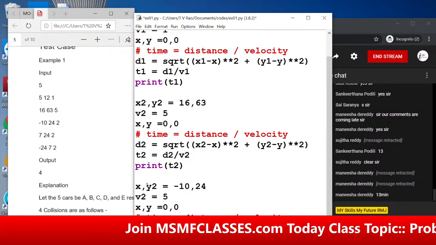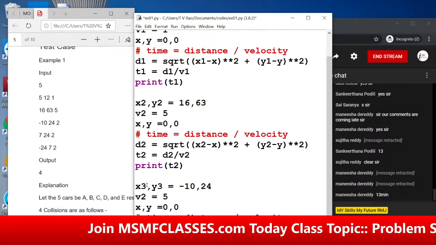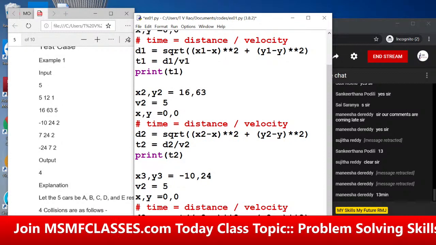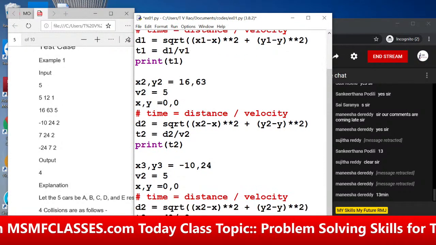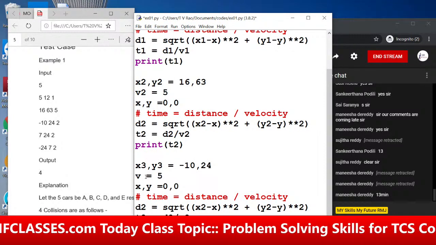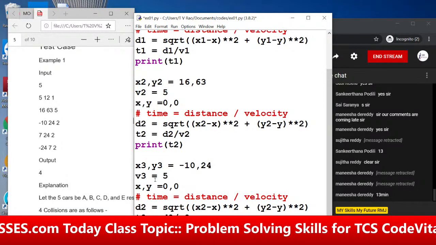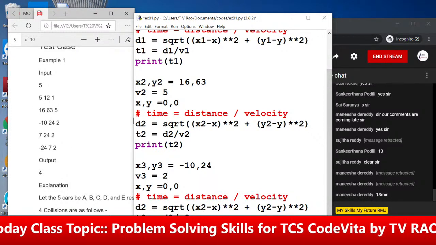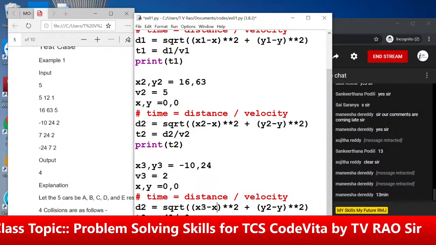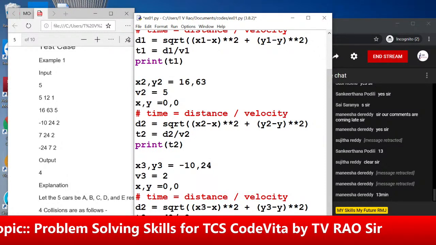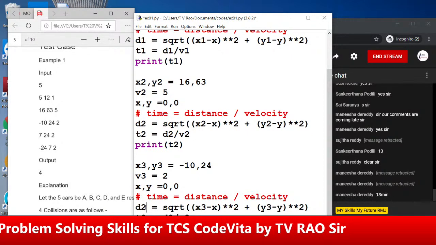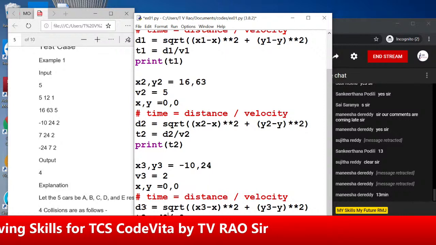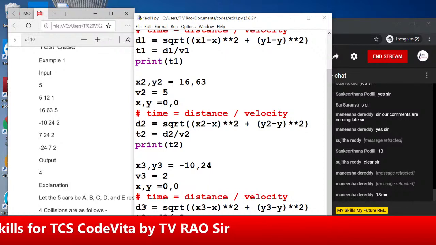So these are x3 and y3. This is v3. What is v3? 2 meters per second. Okay, so this is x3 minus x, y3 minus y. This is d3. This is t3. So d3 by v3.